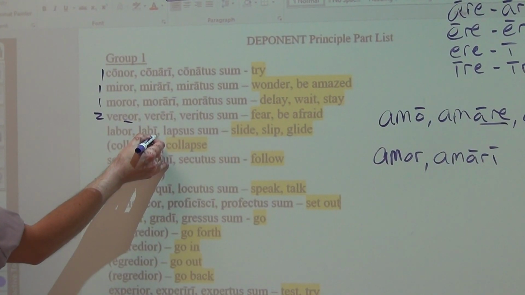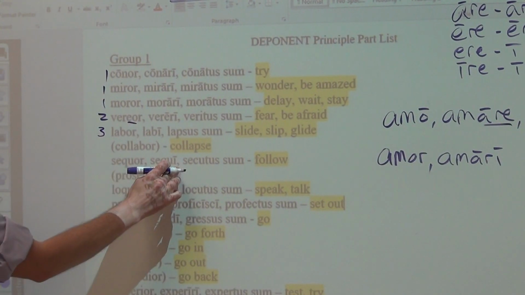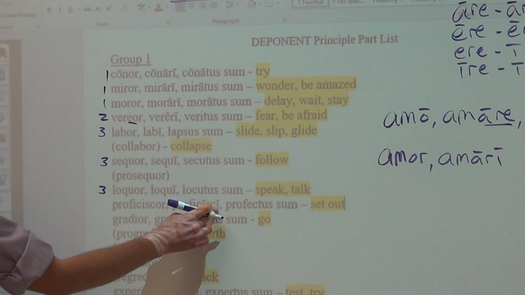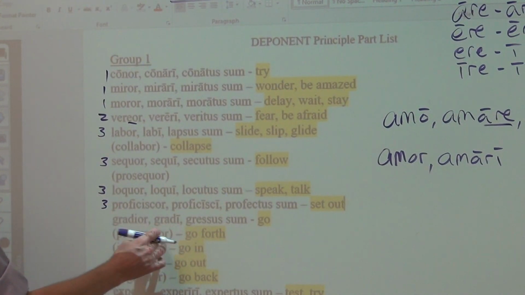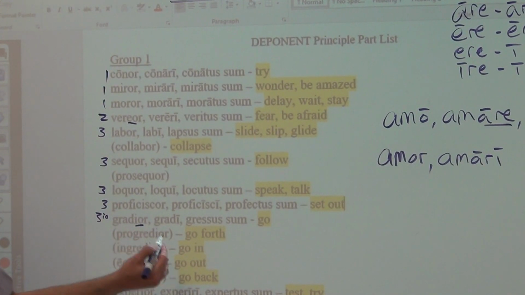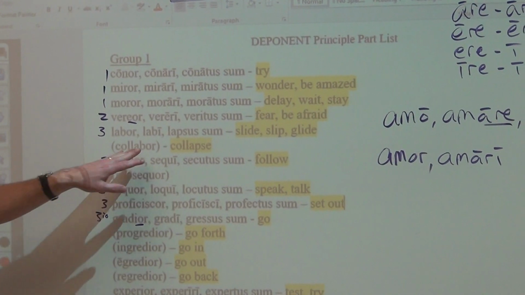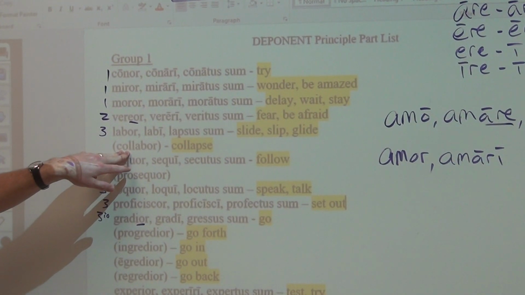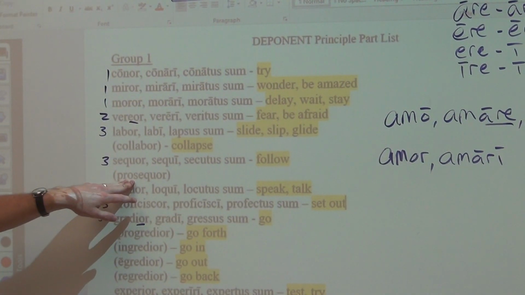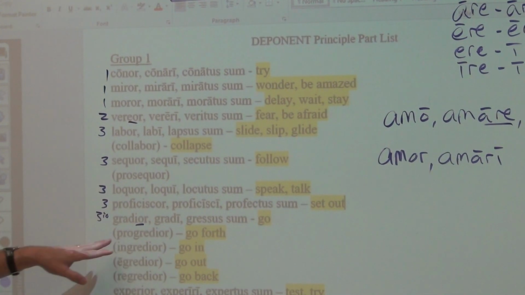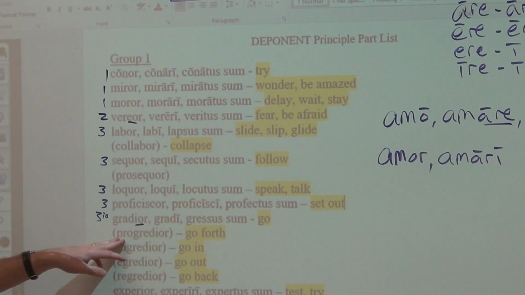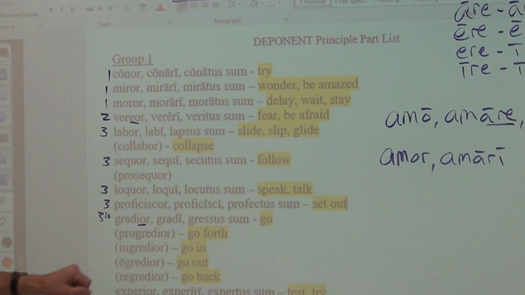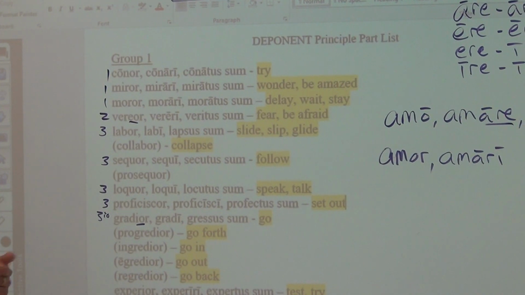Short E-R-E turns into a long I. Third. Third. Third. I-O. Do you see? Gradior. And the words that are in parentheses are merely the verb that is previous to it with a prefix on the front. So C-O-N, C-O-L because of assimilation, sequor versus prosequor, and so forth and so on. Gradior, gradi, gressus means to go. Progradior, to progress. Ingradior, to ingress, go in. Egradior, to go out. Regradior, to go back, and so forth and so on.